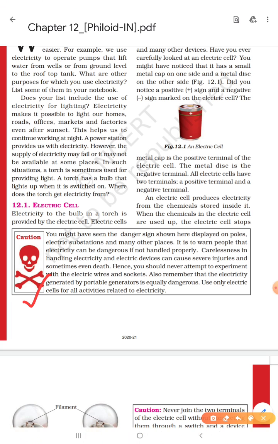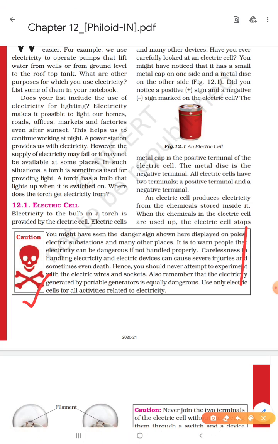You should know this point, that electricity is really very dangerous if we do not handle it properly. So we will not show carelessness in handling electricity and electric devices, because it can cause severe injury and sometimes even death. Hence you should never attempt to experiment with electric wires and sockets.